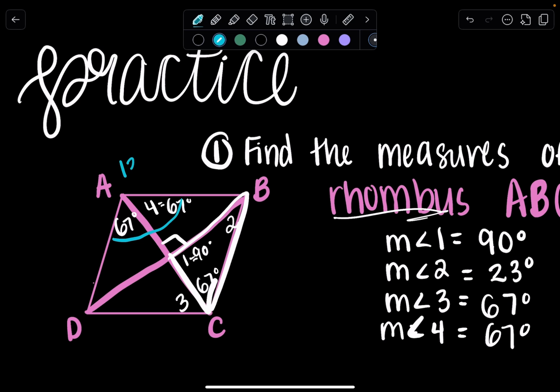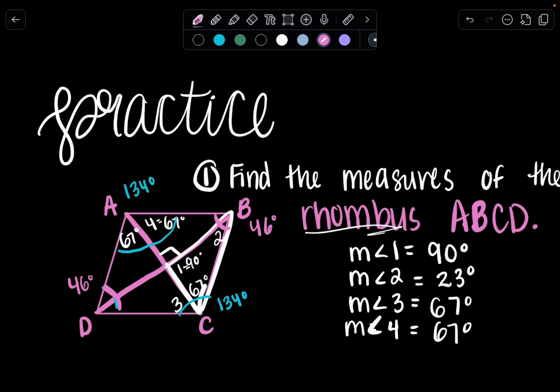In total, that's 134 degrees. I can use what I know about consecutive interior angles to find the measure of angle D and the measure of angle B, and then we can bisect that. Half of 46 is 23.